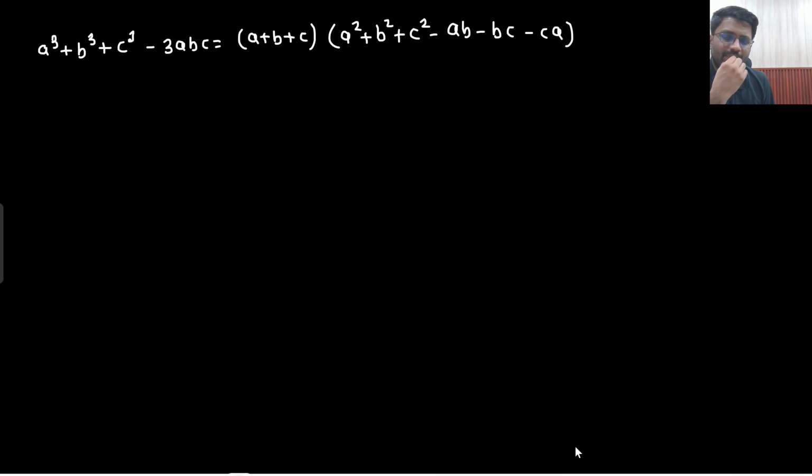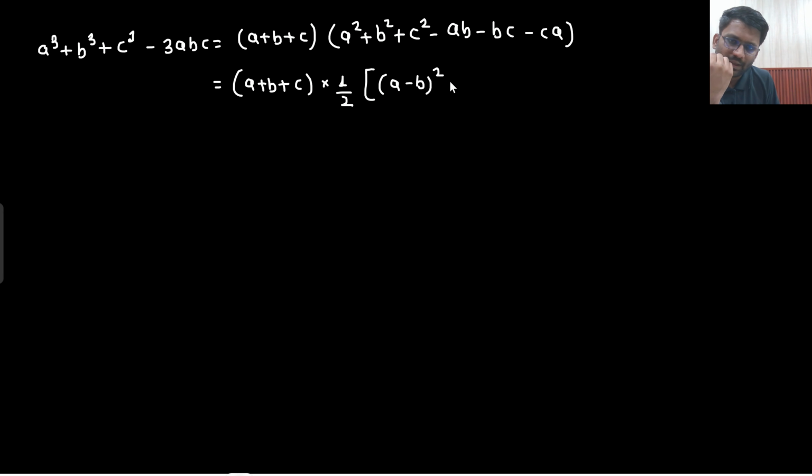Say yes or no. Then there is another way as well: you take 1 by 2 outside, a minus b whole square plus b minus c whole square plus c minus a whole square. Let's check. A square plus b square minus 2ab. So yes, this is how it would be written. If you just remember this one, then you will be able to write down this one as well.